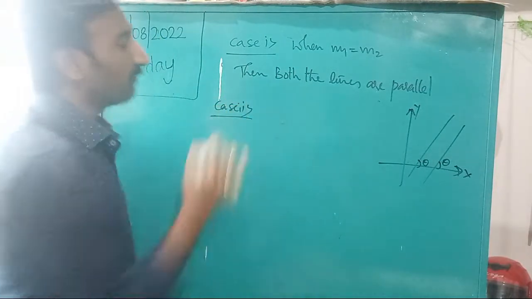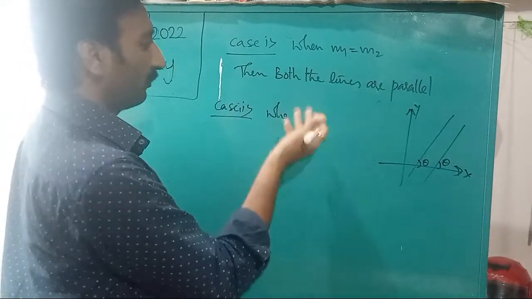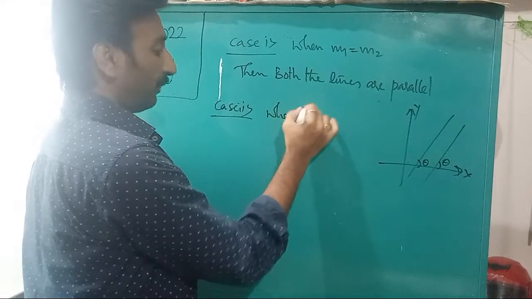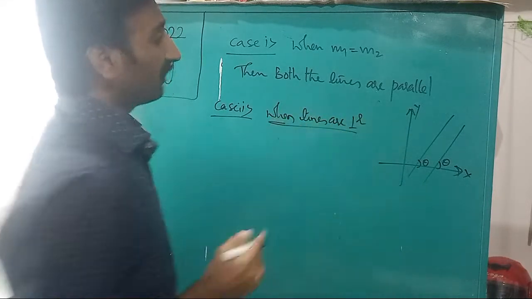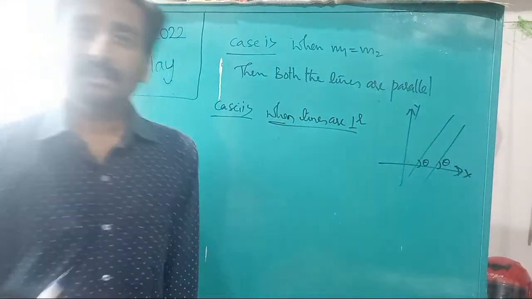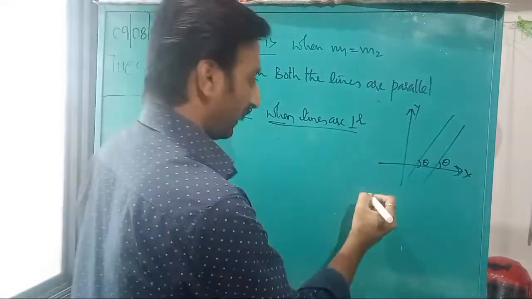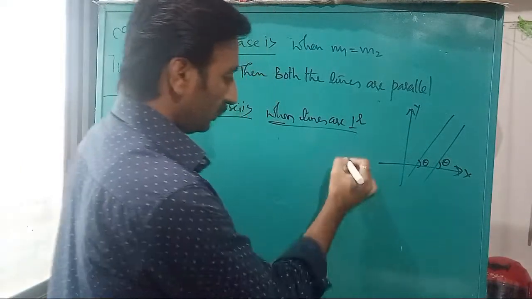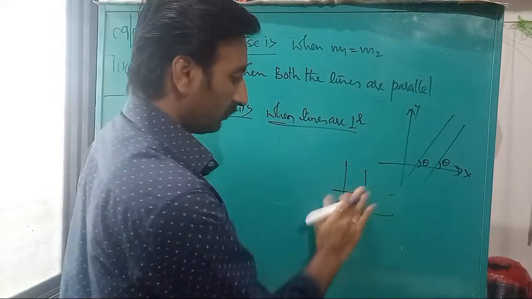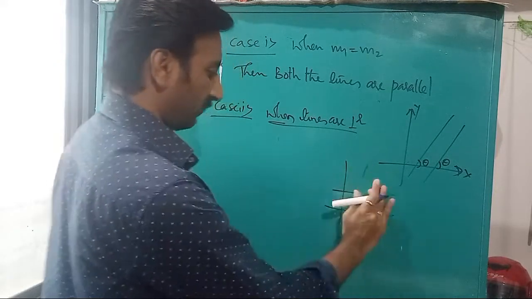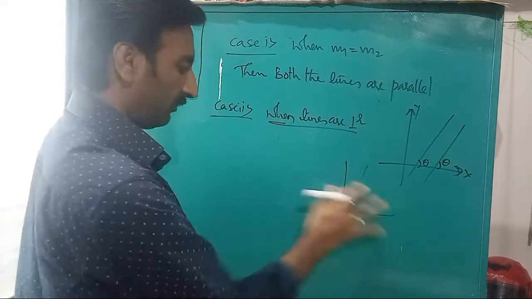So the second one: when the lines are perpendicular. If you have two lines that are perpendicular, we should not take them parallel to the x and y axis, otherwise it will give a different meaning, so better we take some bend.